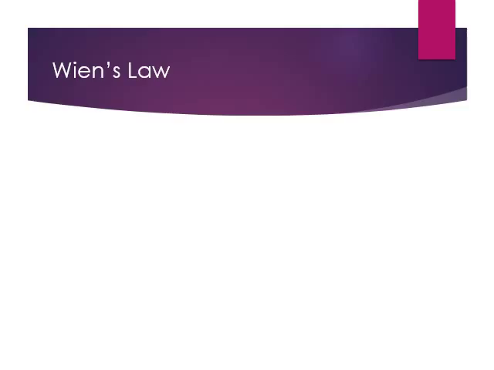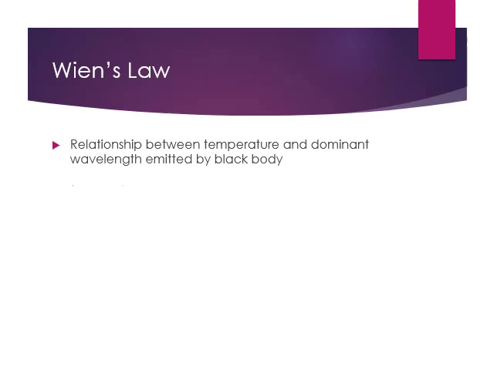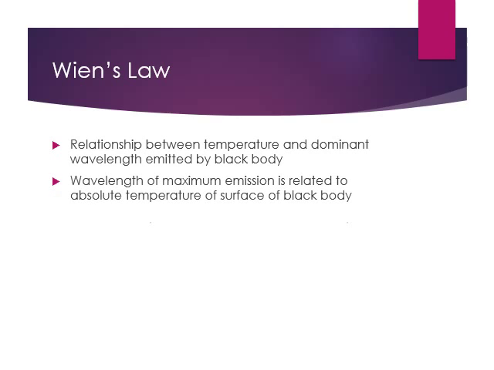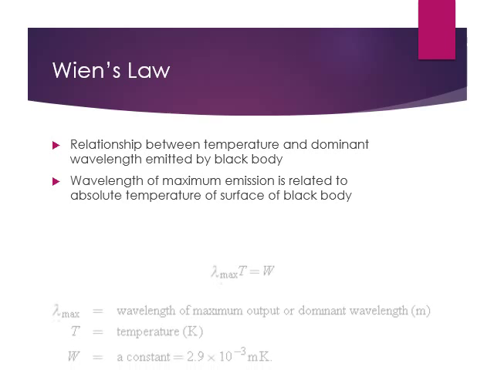Now we're going to have a look at Wien's law. Yes, I know it looks like wine, but it was German, so it's Vienne. This is the relationship between temperature and dominant wavelength emitted by a black body. Wavelength of the maximum emission is related to the absolute temperature of the surface of the black body.